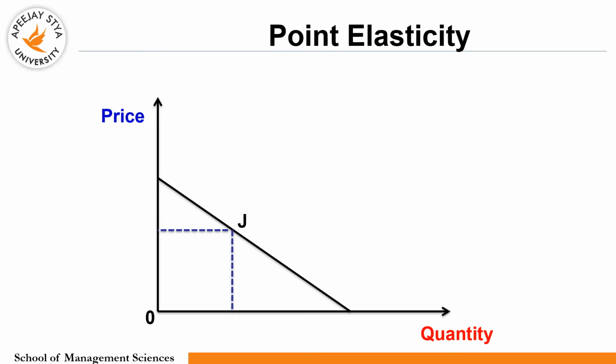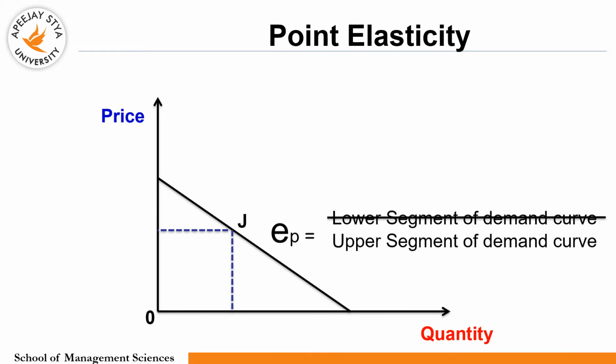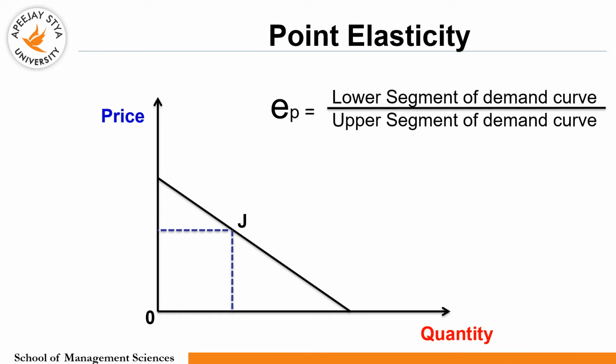The formula used for measuring it is: elasticity of price equals the lower segment of the demand curve divided by the upper segment of the demand curve. Though there is a derivation of this formula, we will restrict our discussion only to the meaning of point elasticity and how it is calculated.